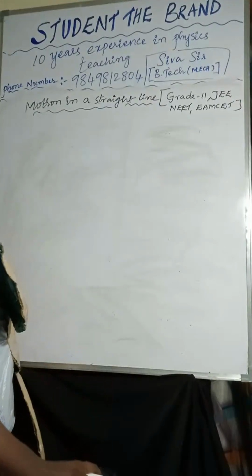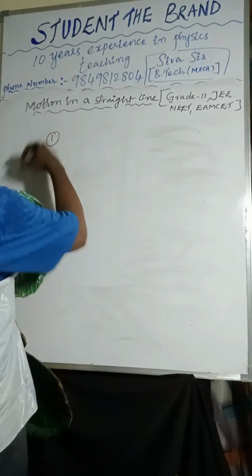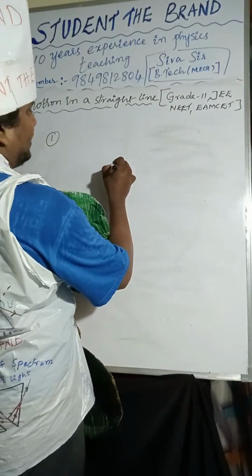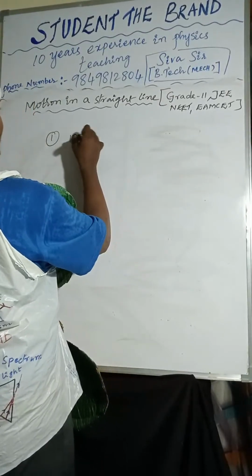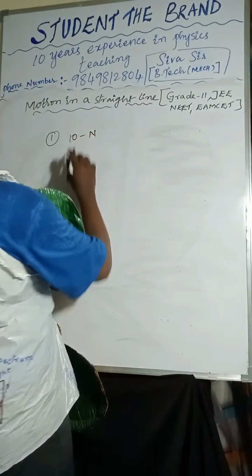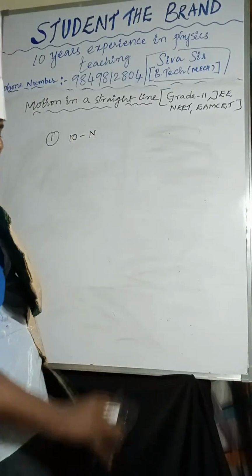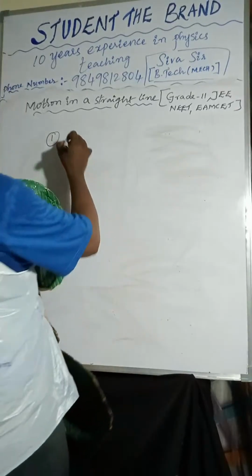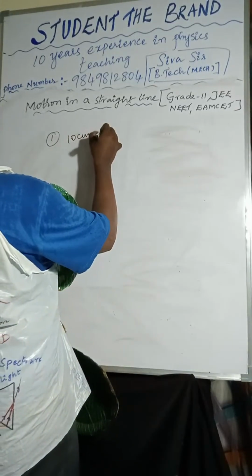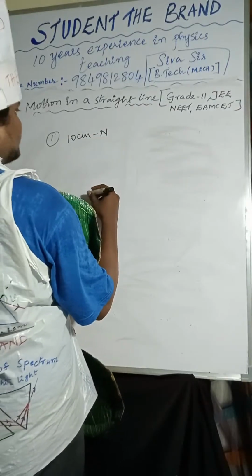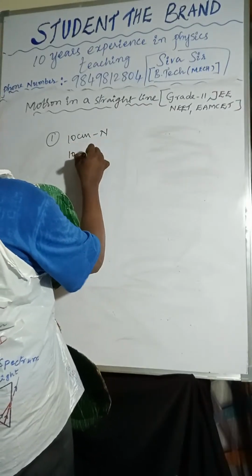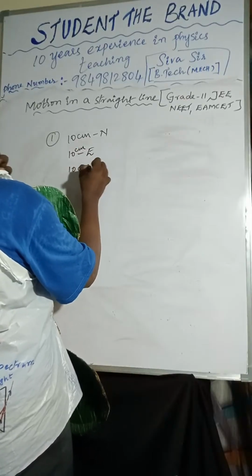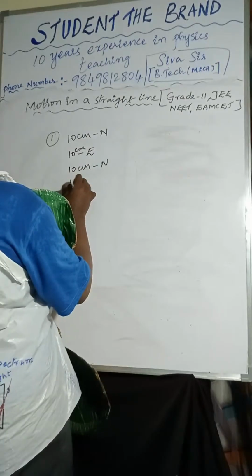So the first point: a body travels 10 centimeter north, and 10 centimeter east, again 10 centimeter north and 10 centimeter east.